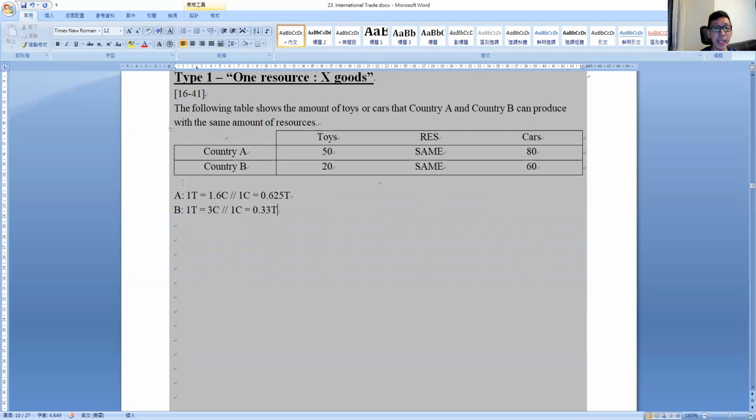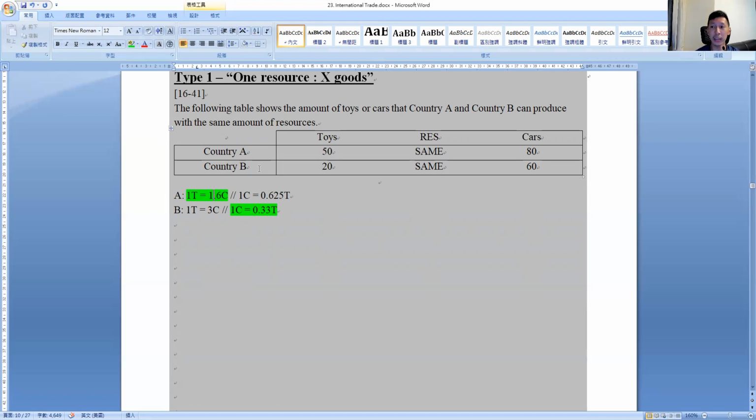So immediately you will see that country A has a comparative advantage in making toys, and country B has a comparative advantage in making cars. You will remember, country A will export toys, and country B will export cars.